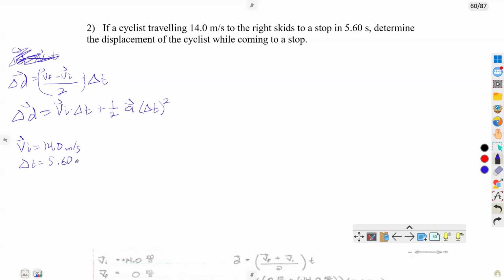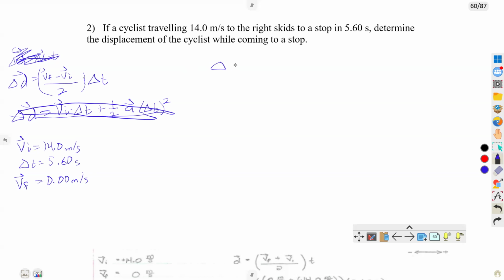And because it's coming to a stop, our final velocity is 0 meters per second. So the formula we're going to use is not the last one, because we don't have an acceleration. So we're going to use this one up here.